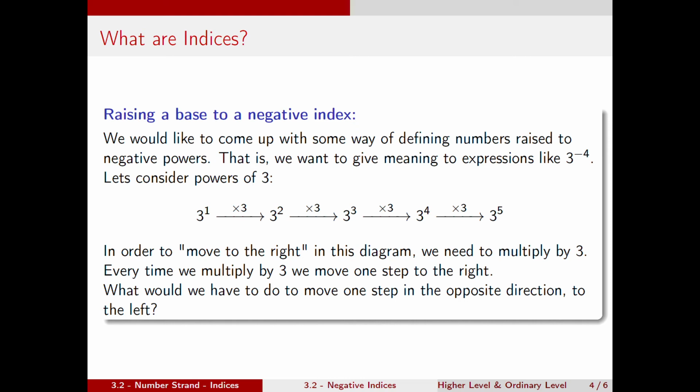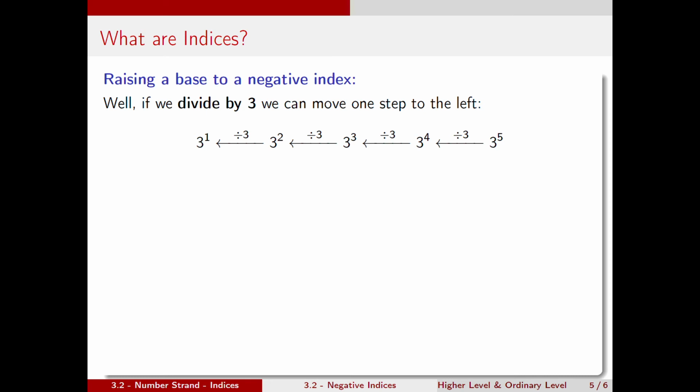So we wanted to go from 3 cubed to 3 squared, say, or 3 squared to 3 to the power of 1. Well, if we divide by 3, we can move one step to the left. So looking here, 3 to the power of 5 divided by 3 is 3 to the power of 4. Divide again by 3 is 3 to the power of 3, and so on until we get to 3 to the power of 1.